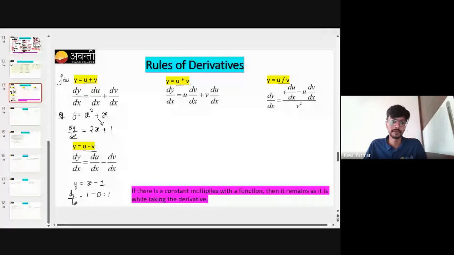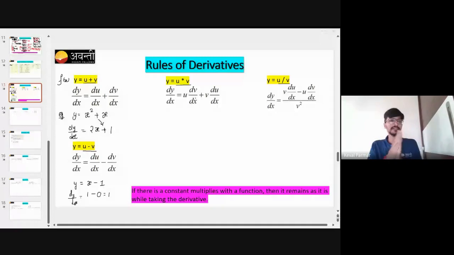Next is the product rule. I read it in a very simple way: if y is a product of two functions, u and v, then dy by dx is u derivative of v plus v derivative of u.